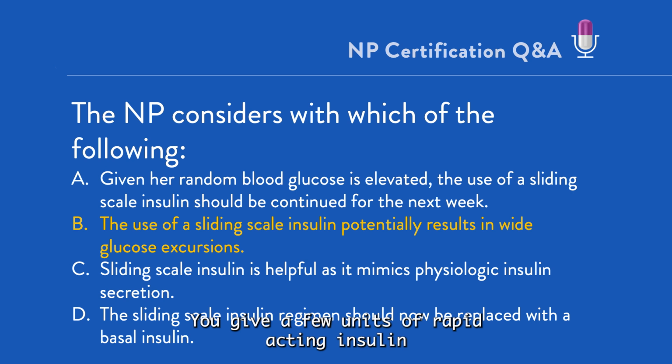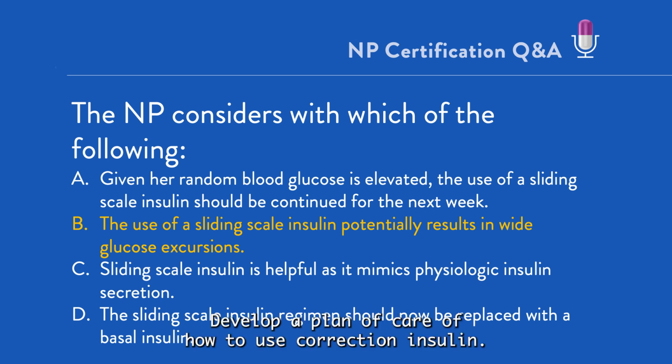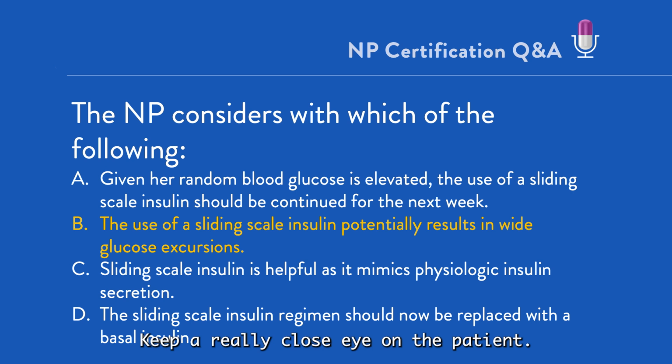You give a few units of rapid-acting insulin to try to bring the blood sugar more under control. Develop a plan of care of how to use correction insulin. Keep a really close eye on the patient. That's correction insulin. Correction insulin is advised for short-term hyperglycemia, right?